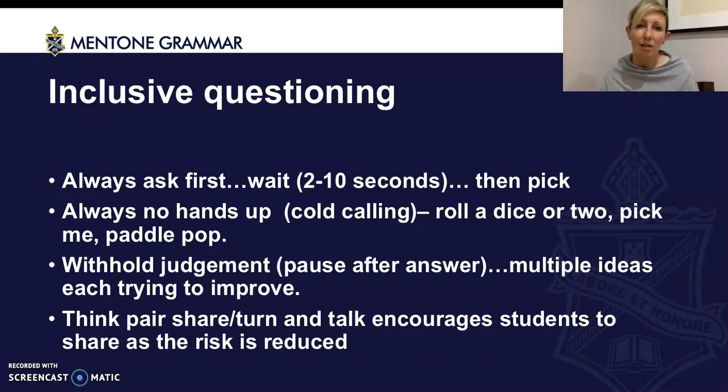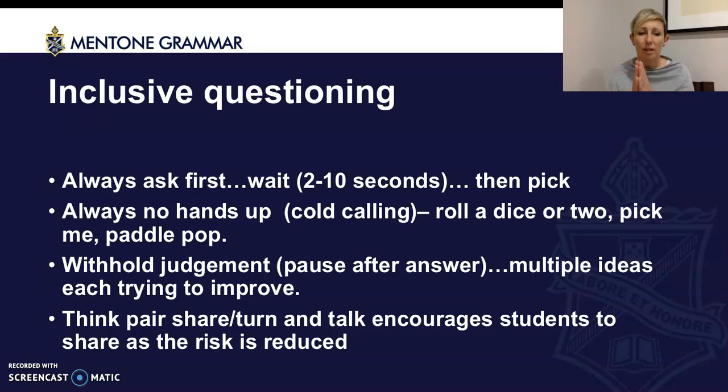So typically in secondary schools it's something ridiculous like 0.6 seconds between posing a question and answering a question. If you count to 10 before answering the question and then choose a student, that gives all students an opportunity to consider that it may be them who has to present an answer, and gives them time to actually formulate it.